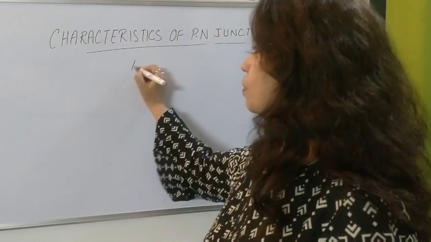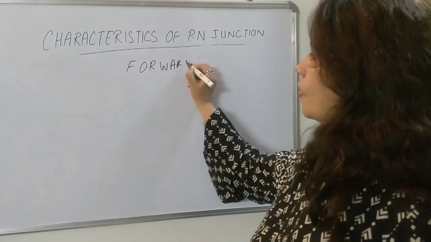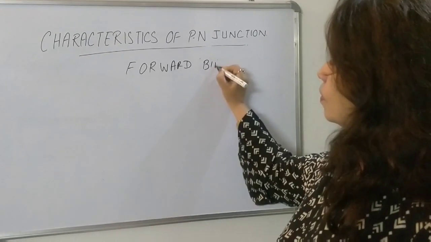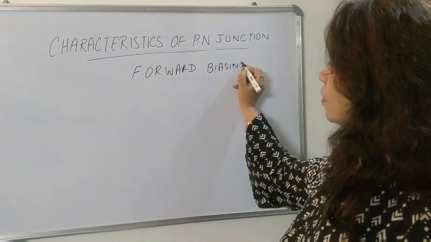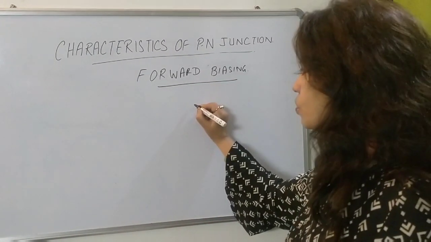In the case of forward biasing, let us take the diode over here.